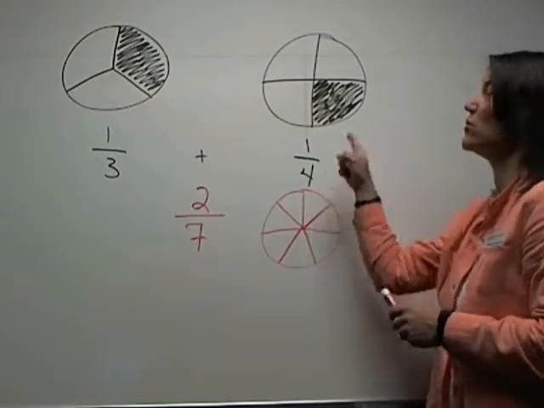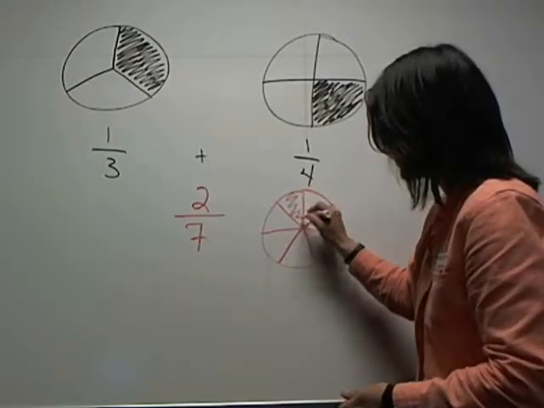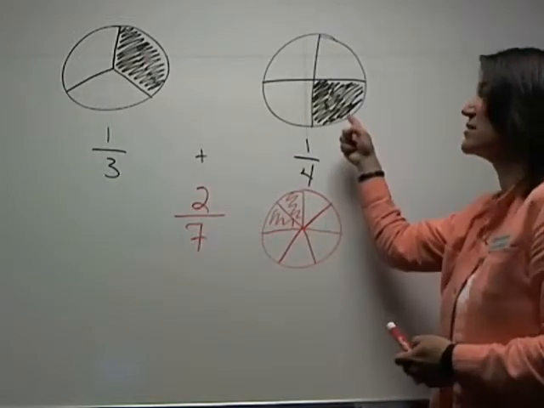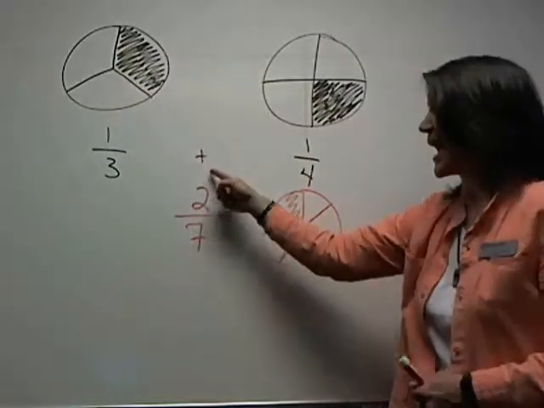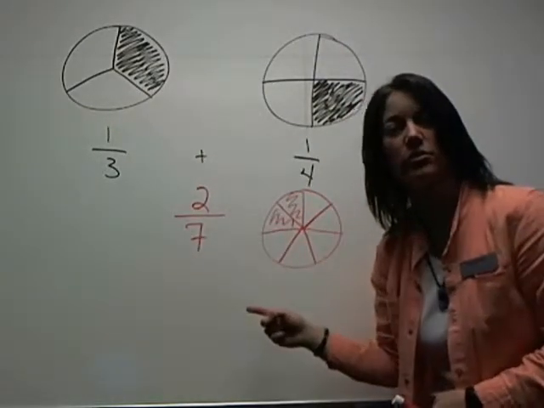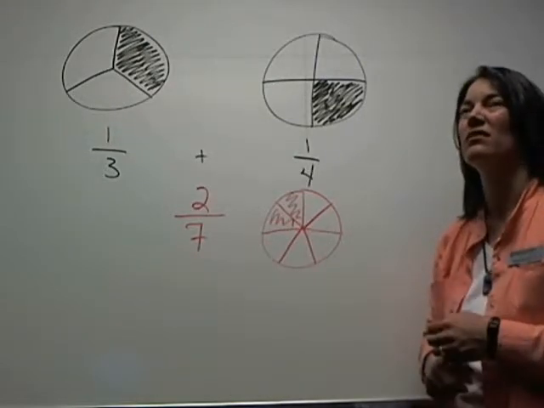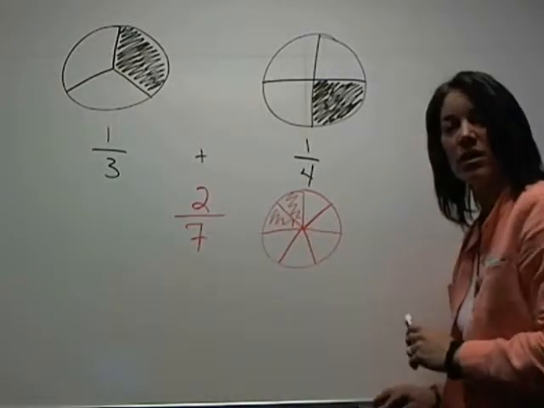So these pieces are all smaller than those. I have 2 of them. That's actually less than my smaller amount. How could I have this big portion here and add this other portion and get something that's smaller? Oh yeah, that doesn't really make much sense. That's why we cannot just add straight across.